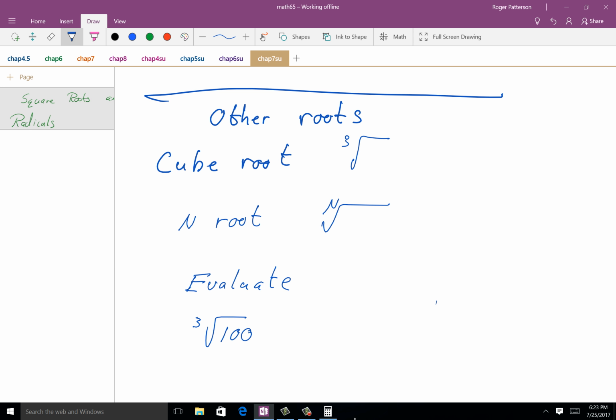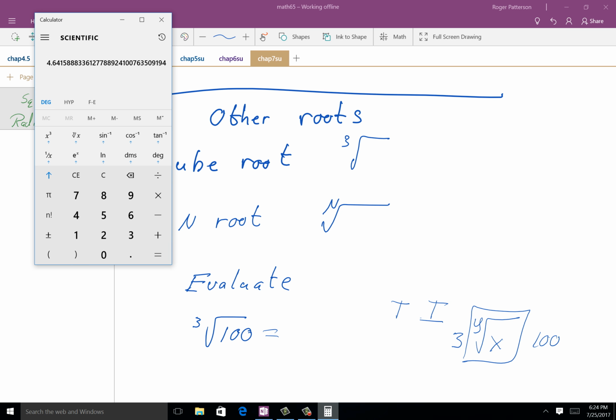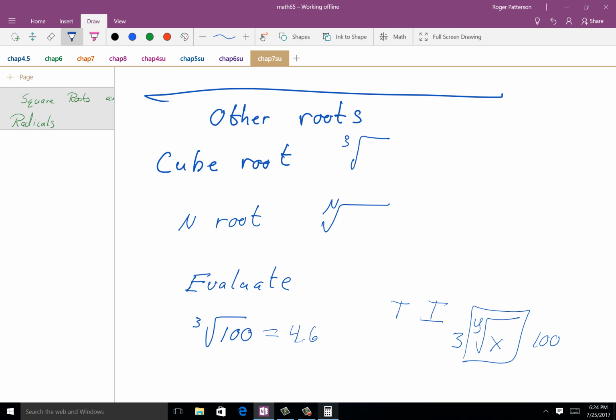So if you have some of your TI calculators, Texas Instrument calculators, you would go this, and it probably looks like this, that button, and then 100. Oh yeah, I was going to show that too. It works great in Desmos, actually, doesn't it? Let's go pop and see that. I'll show you how it works in that.